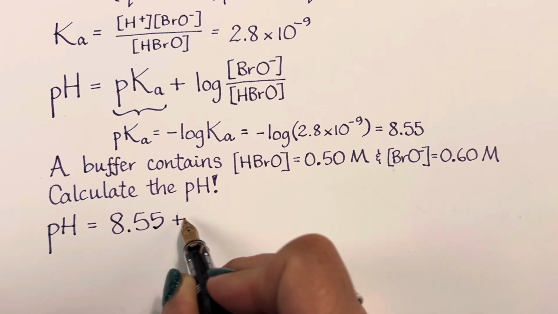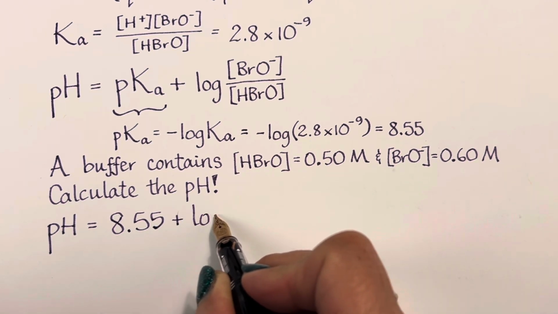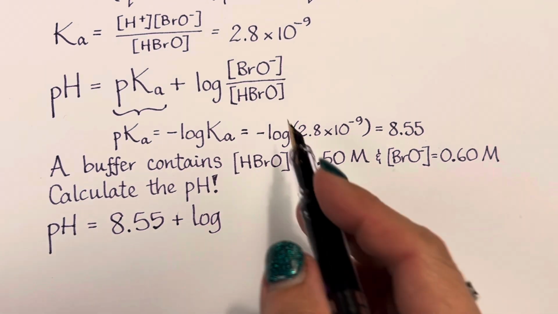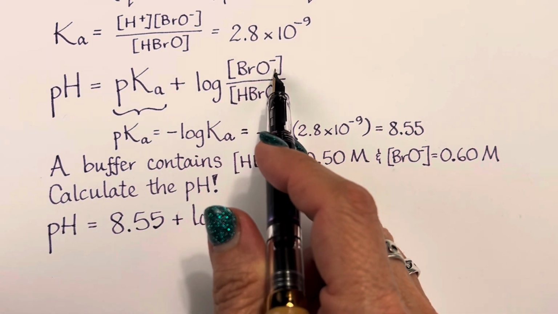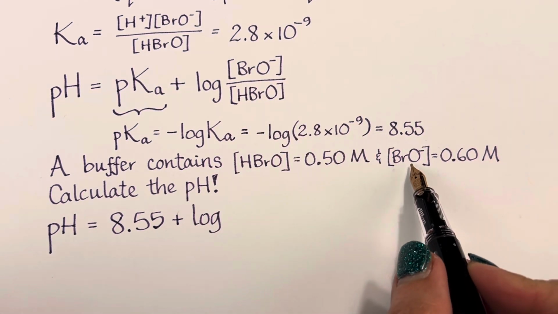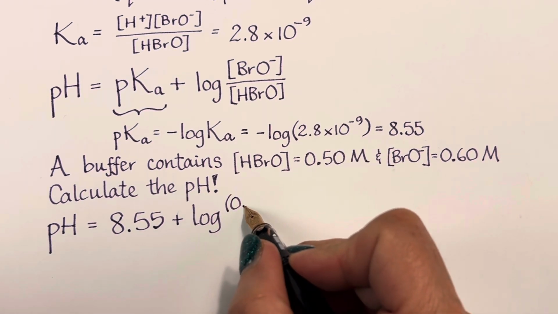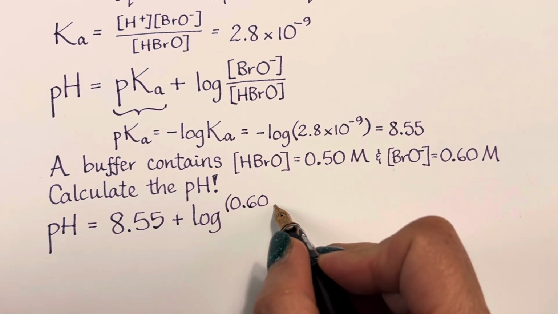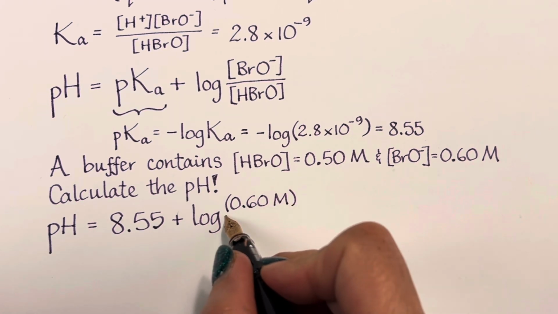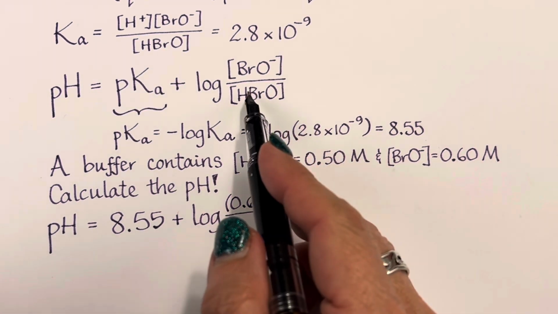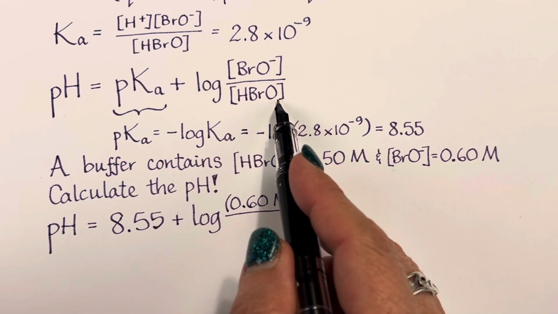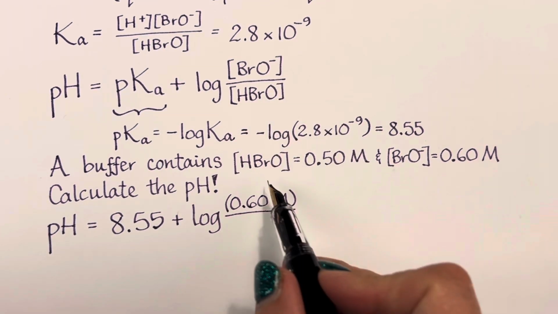And we will add in the base 10 log. Here's our conjugate base. That was 0.6. The conjugate acid is in the denominator.